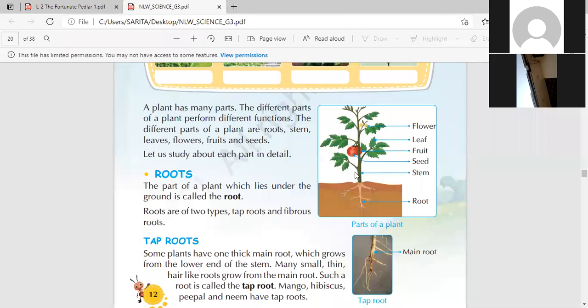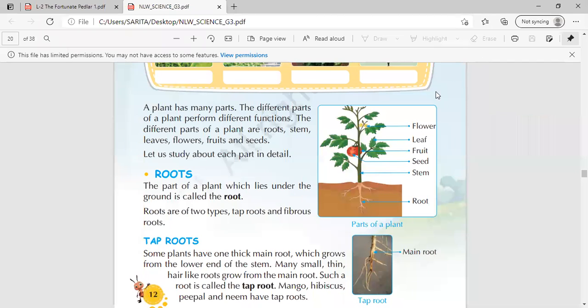In this picture, you can see that there are many parts of a plant and all these parts play a different role. They all do a different function in the plant. The different parts of a plant are roots, stem, leaves, flowers, fruits and seeds.